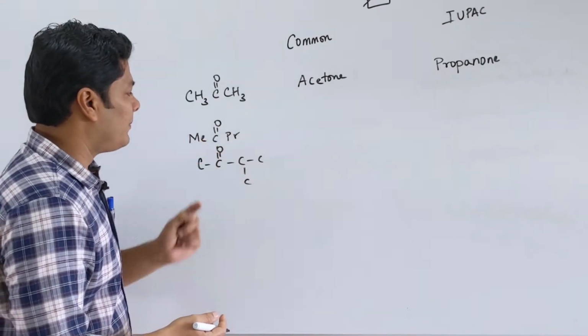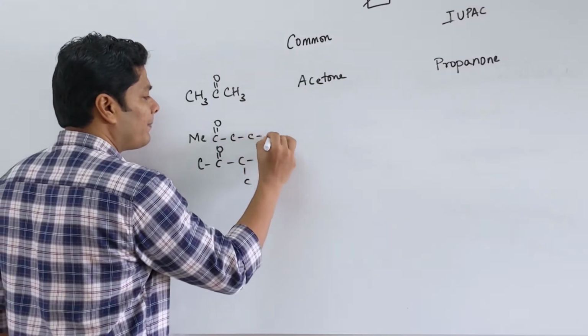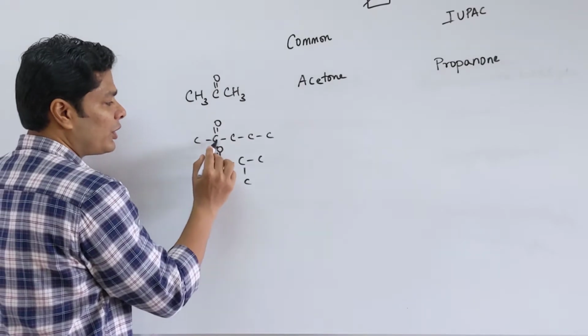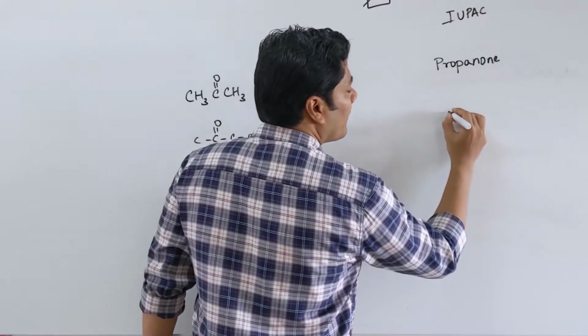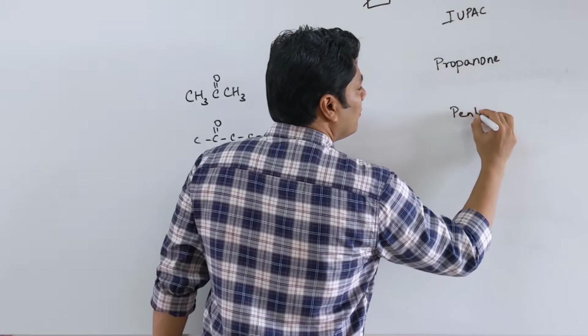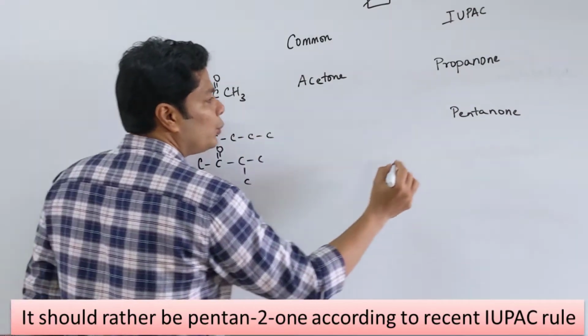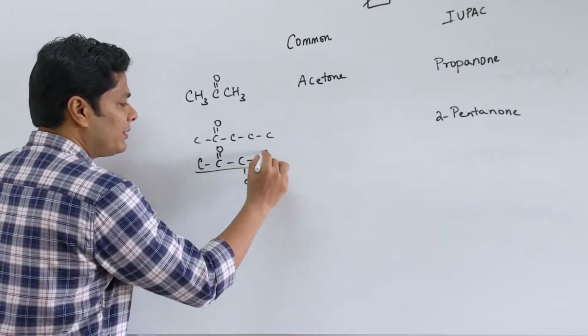Whereas when I go here, you can put it as propyl this way, methyl this way. So 1, 2. So this is the shortest numbering, 1, 2, 3, 4, 5, pent. So it's pentanone and I have 2-pentanone. Here the longest chain is going to be this.